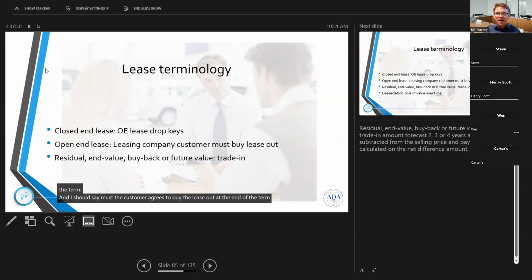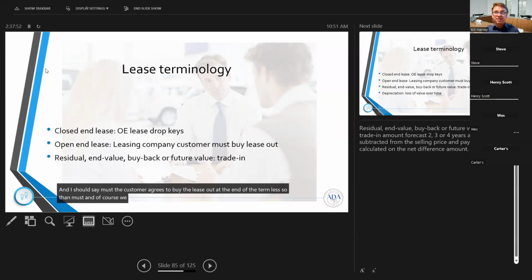Of course, we can treat an open-end lease like a closed-end lease and take it back. That's how a lot of independent leasing companies continue to build their portfolio with repeat and referral sales. But most independent leases are structured as open, that the client agrees to buy it, whether the leasing company agrees to take it back or not.